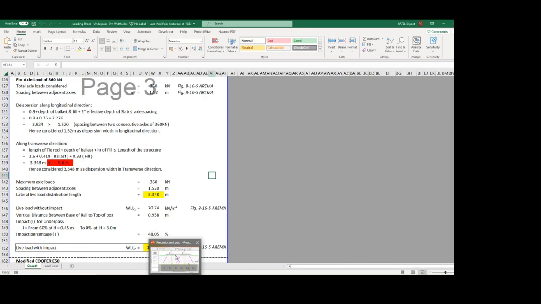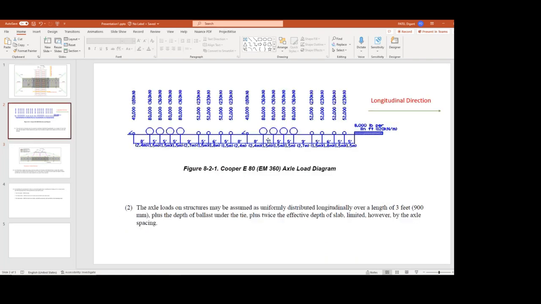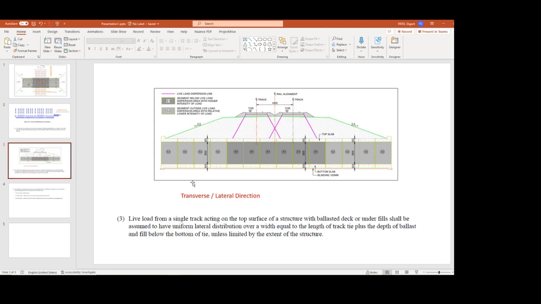But what if we have two tracks? Then how do we calculate this pressure intensity? For two tracks, the longitudinal dispersion will be the same; there is no change in longitudinal dispersion. But for the transverse direction dispersion, there is a little bit of change.